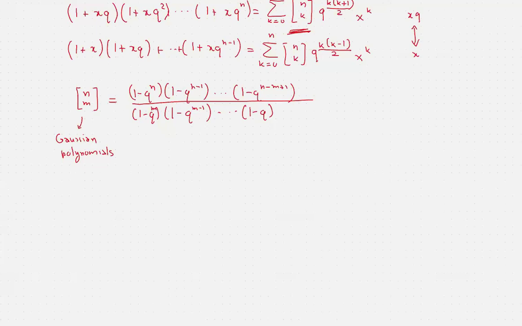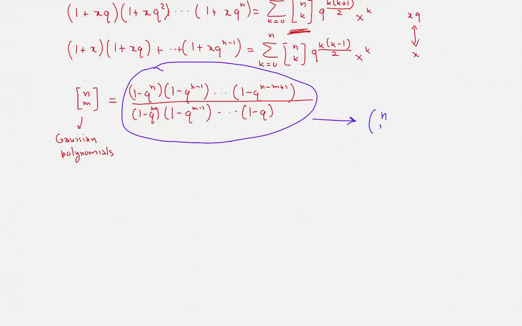Regardless of how you look at it, this is an exercise in calculus that this tends to n choose m as q tends to 1.